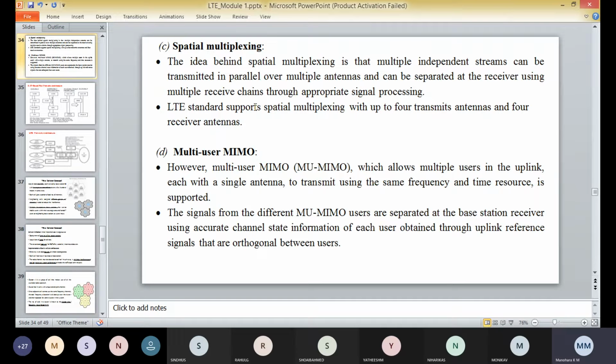Next we have multi-user MIMO. In multi-user MIMO, due to the complexity and cost, spatial multiplexing is not used in the uplink. Here multi-user MIMO allows multiple users in the uplink, each with a single antenna, to transmit using the same frequency and time resource.